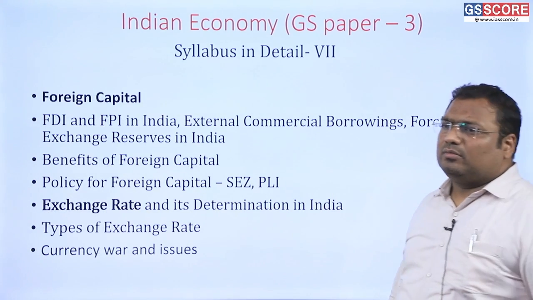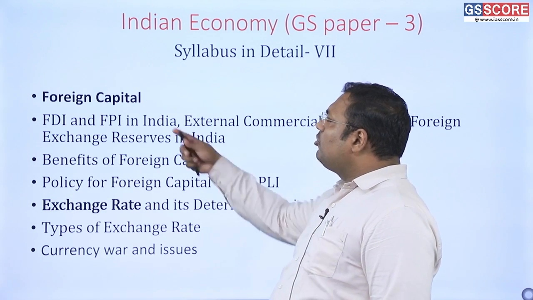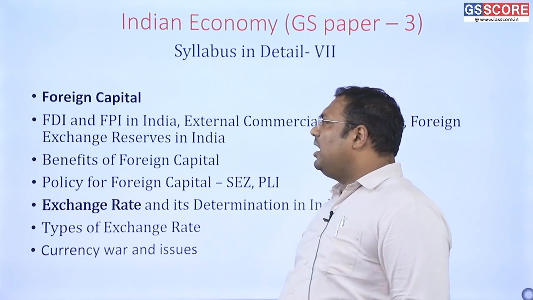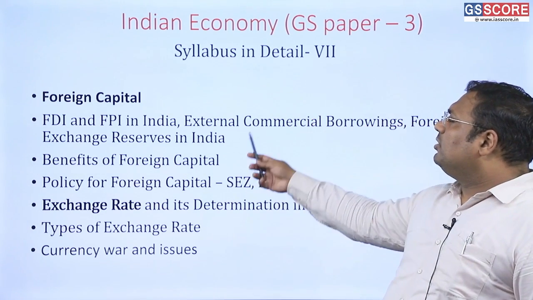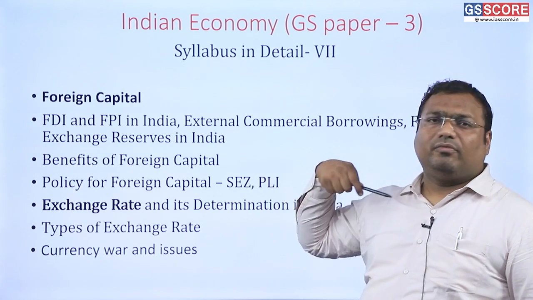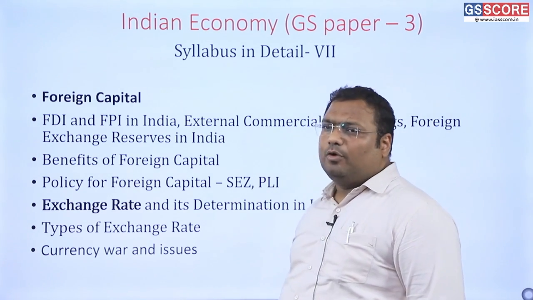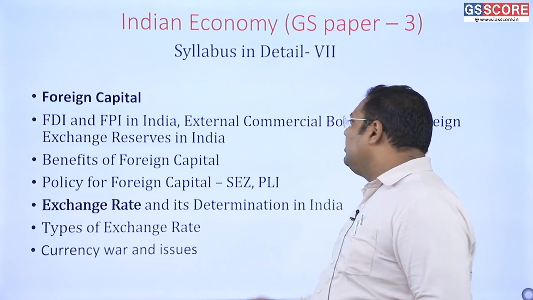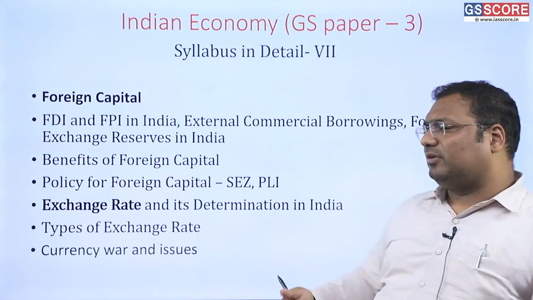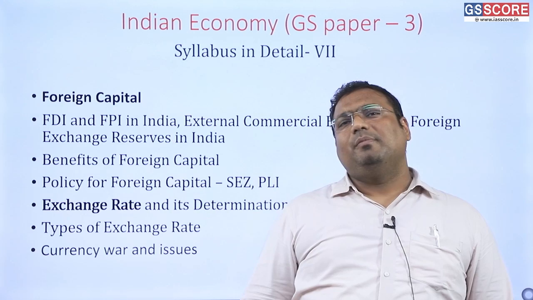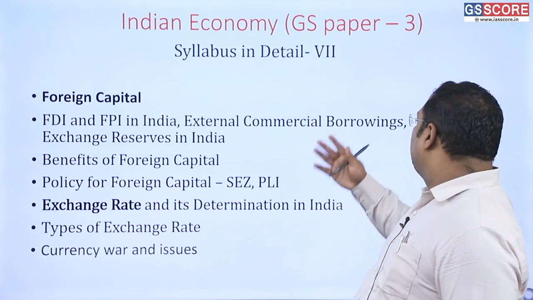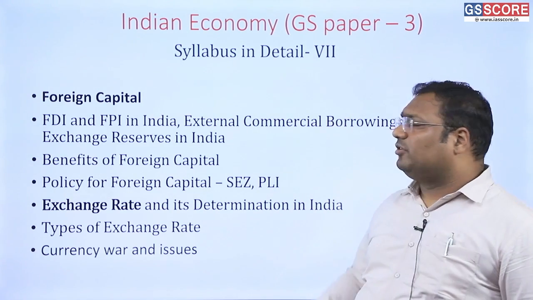Once we have covered trade and BOP, the next topic would be foreign capital and exchange rate. Under foreign capital, we have FDI, foreign direct investment, and FPI, foreign portfolio investment. Then we also have external commercial borrowings, private borrowing of people from outside. That is also very relevant. Foreign exchange reserves.